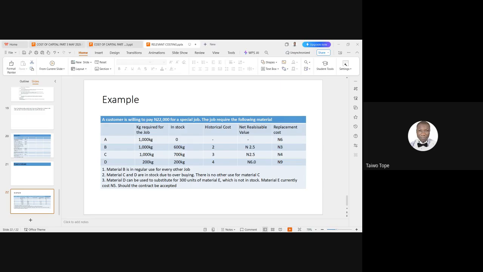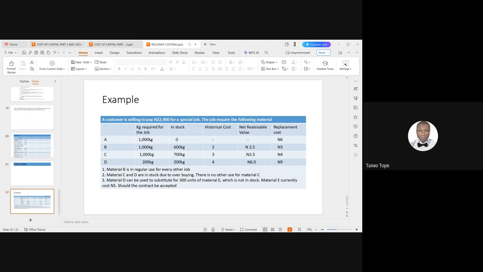So using material D for this contract means you are giving up the best alternative use. The two alternatives are: you sell D, that is 200 by 6, you have 1,200. Option 2 is that you use D instead of buying E elsewhere.